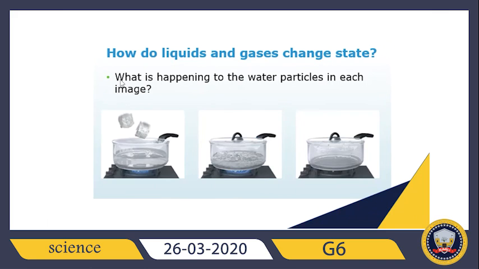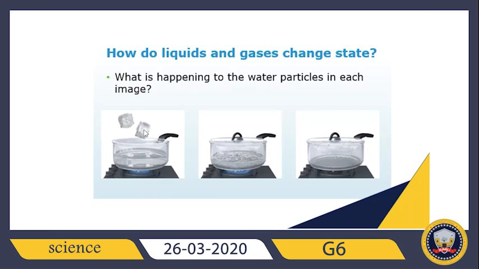So guys, we have this question here: what is happening to the water particles in each image? We have 3 images and we need to describe what is happening to the water particles in each image. So first of all, here, for example, we are adding an ice cube. So what do you expect will happen to the particles of water here?